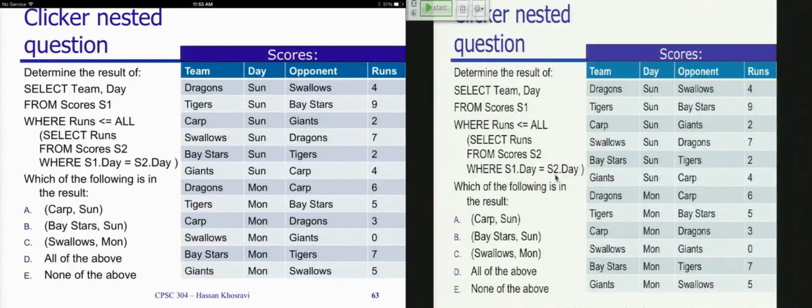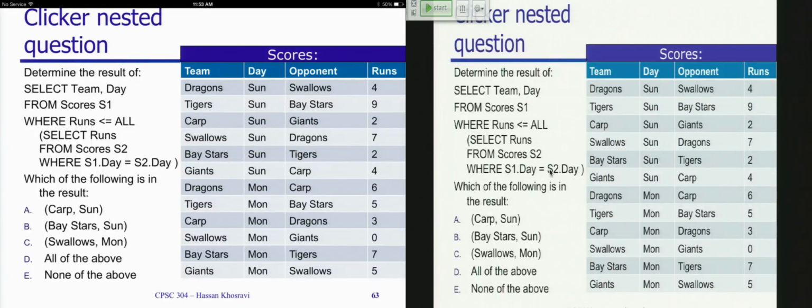So what we're going to do is go through each tuple and look at that day. For that first tuple, that's Sunday. That value is going to be passed into the inner query as a parameter, because I have S1.day here. And I'm going to return all the runs that are for Sunday.